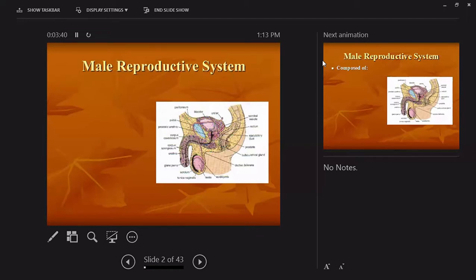So you would see there, first we start from the down, no? You have there your testis. It is covered, it is carried by the scrotum.